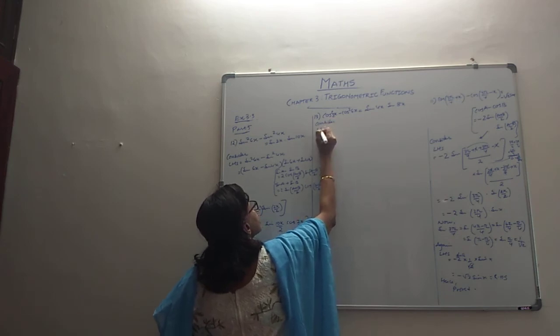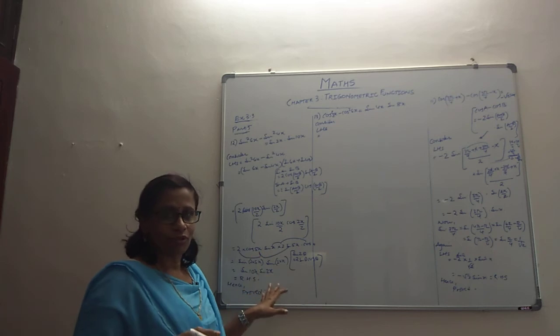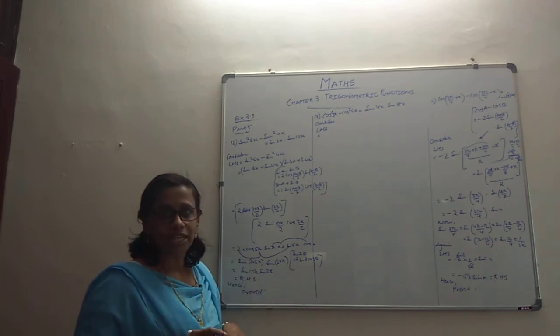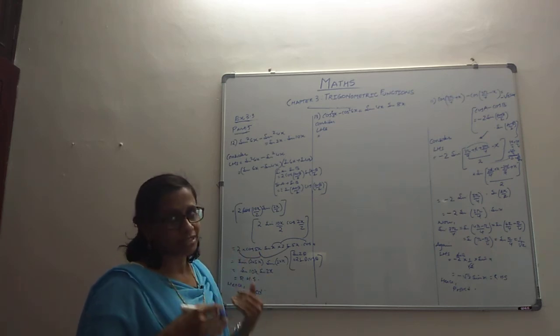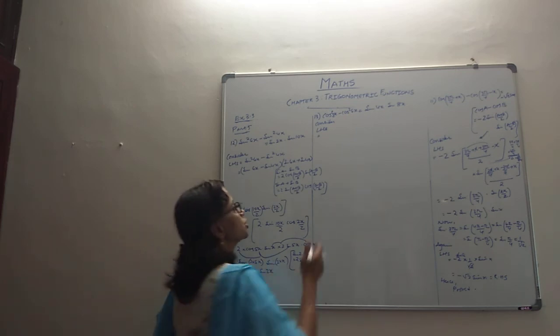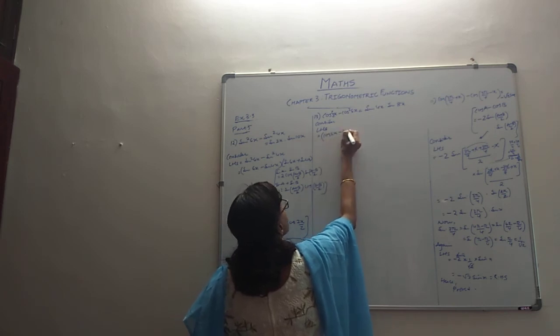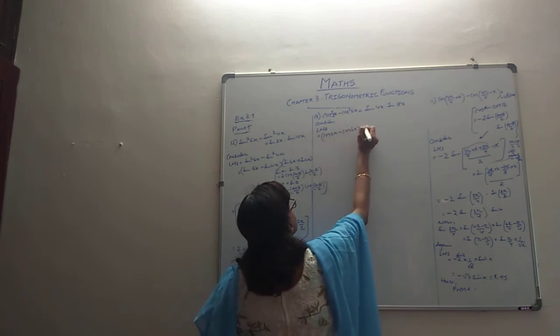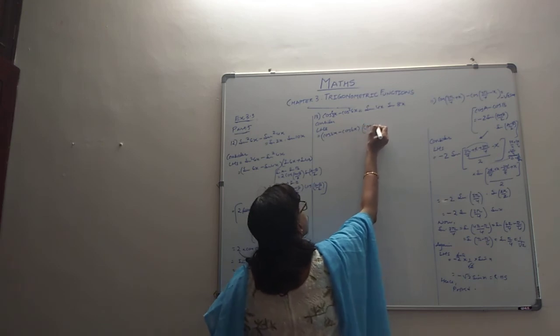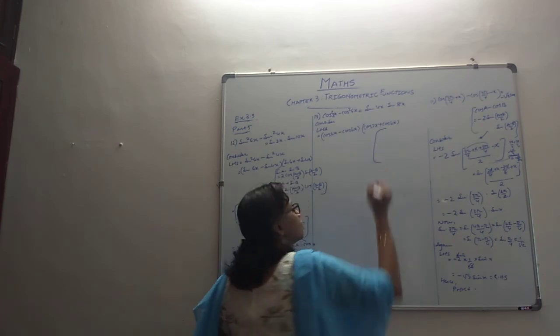Consider the LHS, and right away, because we've got the idea before, anything of the type a squared minus b squared factorizes as (a minus b) into (a plus b). So we do the factorization and get (cos 2x minus cos 6x) in the first bracket, and (cos 2x plus cos 6x) in the second bracket. Now to proceed further, we have to know the formulae.